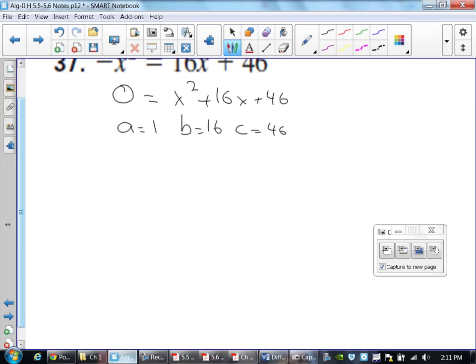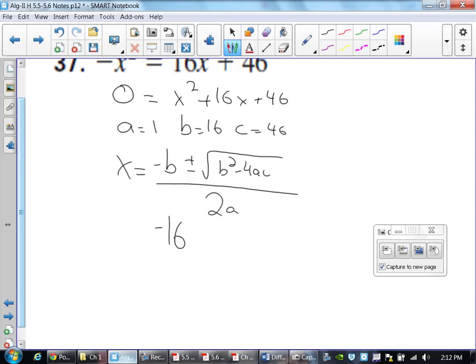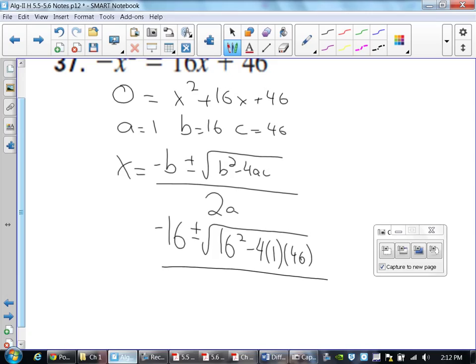And then we sing our song. x equals negative b plus or minus square root b squared minus 4ac all over 2a. Fill in the blanks. Negative 16 plus or minus square root 16 squared minus 4 times 1 times 46, all over 2 times 1.